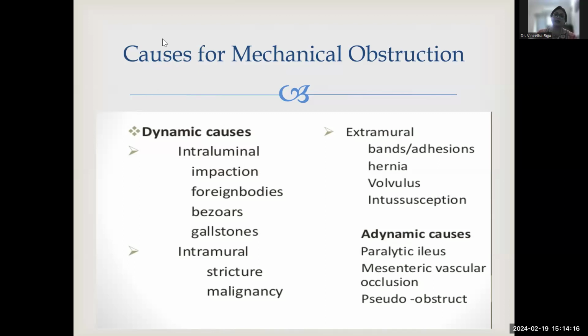And that itself can cause the flow obstruction. It can be strictures that are formed. Okay, there is a little kink that has happened in the wall. So all this can be different reasons why mechanical obstruction occurs.